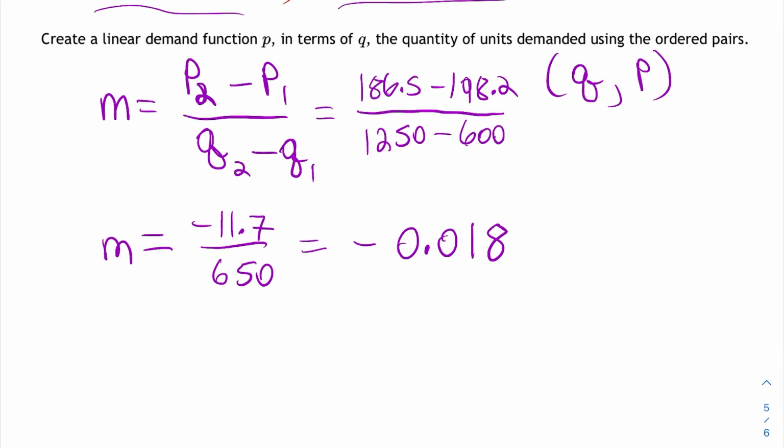All right, once we have that, the next thing we want to do is put this into point-slope form. Remembering we don't have x's and y's, we have p's and q's. Point-slope form is p minus p1 equals m times q minus q1.